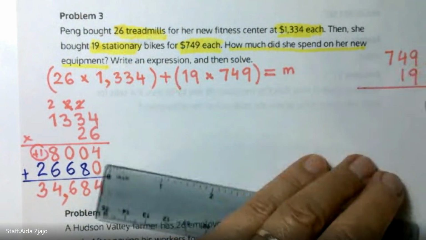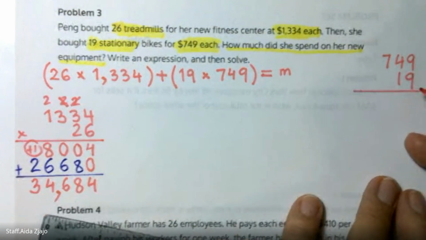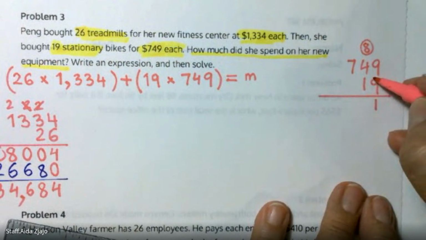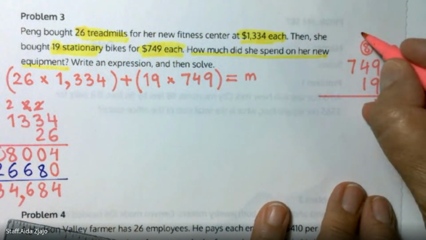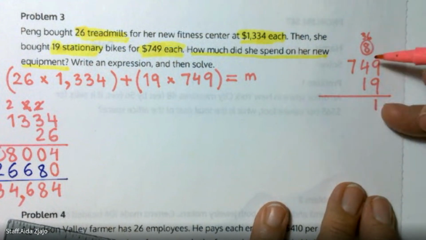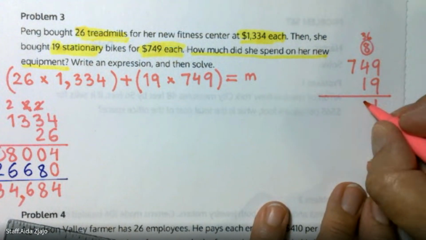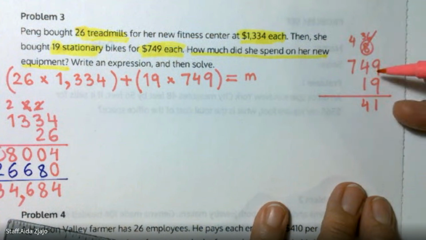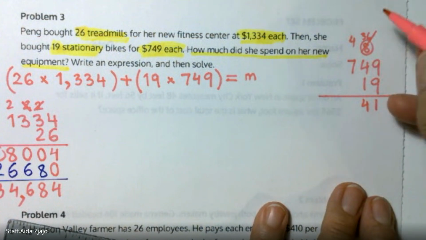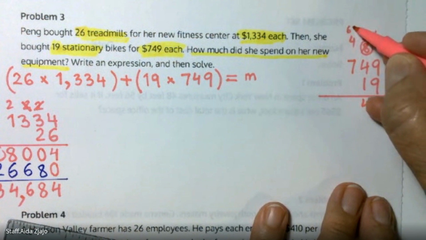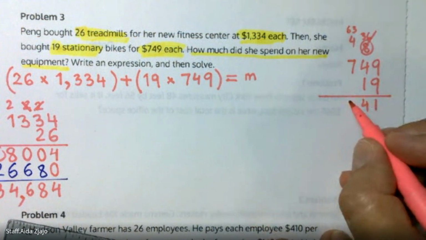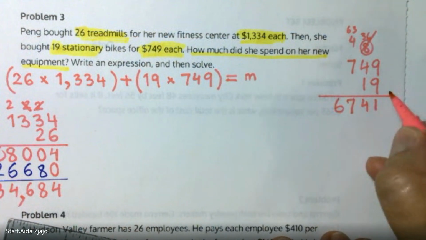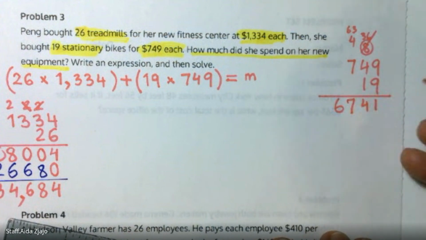That's 9 times 9 is 81. 1, I remember 8. 4 times 9 is 36, plus 8 is 44. 4, I remember 4. 7 times 9 is 63, plus 4 is 67. And that is 9 times 749.